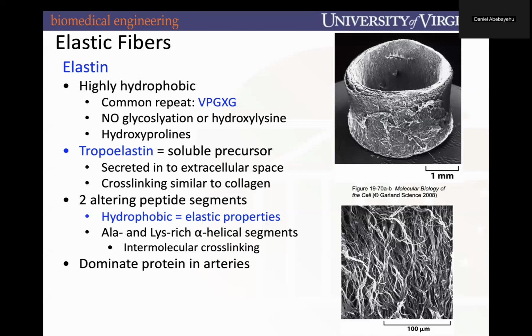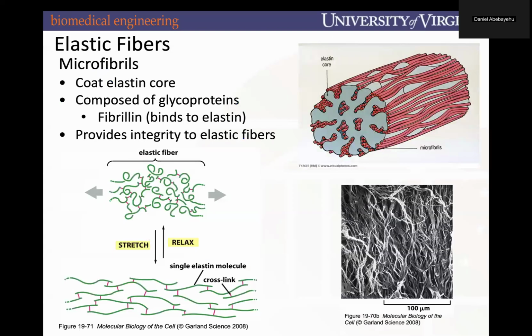And you can see electron micrographs of a cross-section of an artery where, when we zoom in below with this electron micrograph, we can see elastic fibers there. The way these elastic fibers are oriented is that there is a core of elastin, depicted in the top right here.